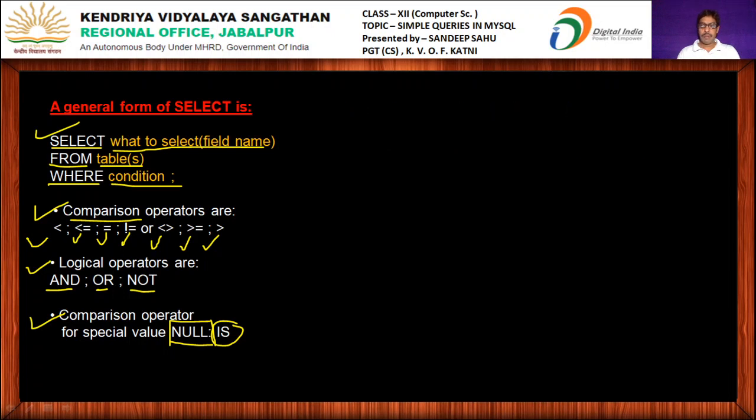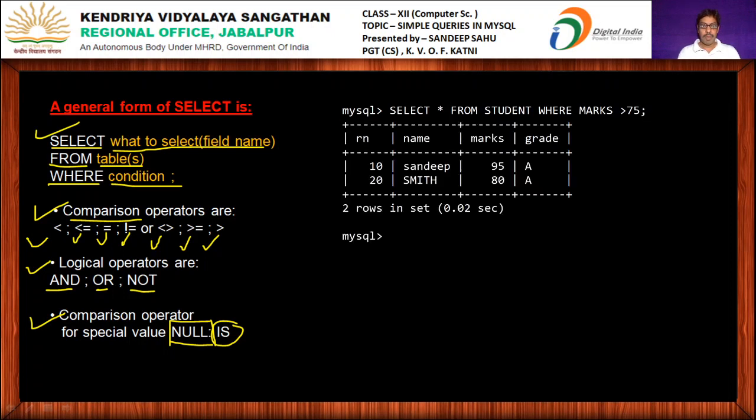I should write select asterisk from student where marks greater than 75, using the greater than sign here. There were two students who got marks more than 75. I demonstrated only one comparison operator, and in the same manner you can use other operators also.